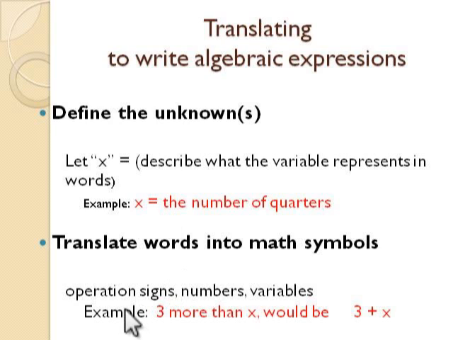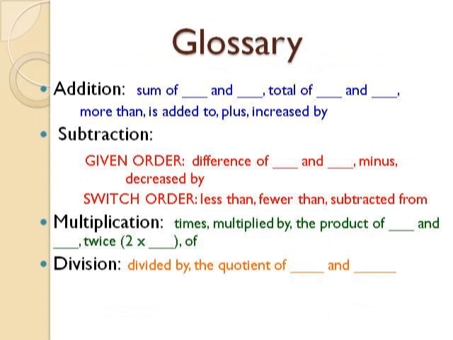We'll have an operation sign, we'll have a number, and we'll have a variable. So here's our example. 3 more than x. So we're going to have a 3, that's our number. We're going to have an operation sign. More than would mean we would add. And we're going to have a variable, x. 3 more than x.